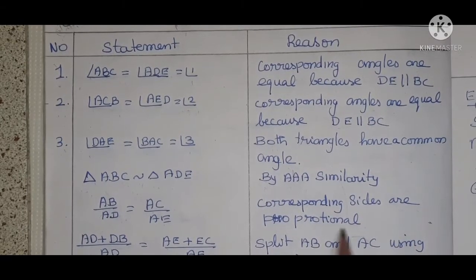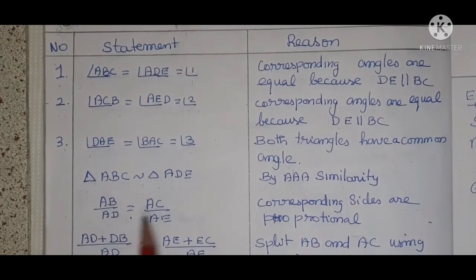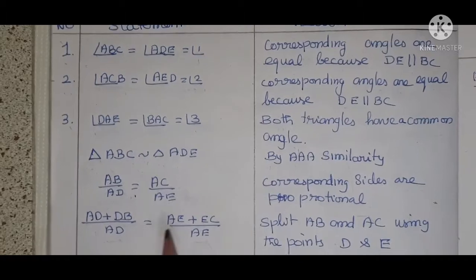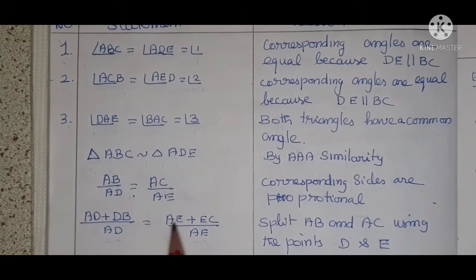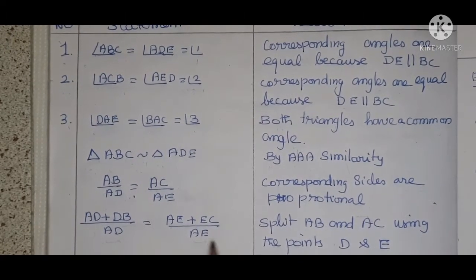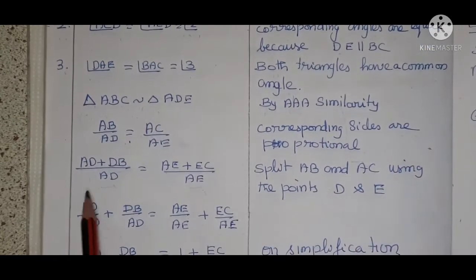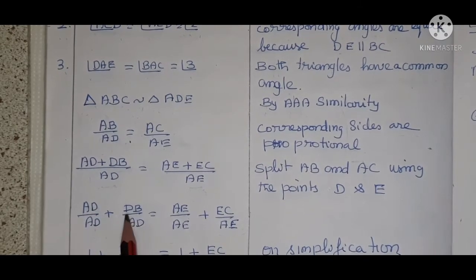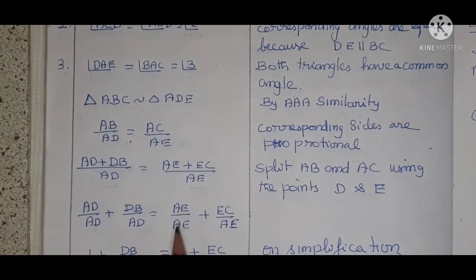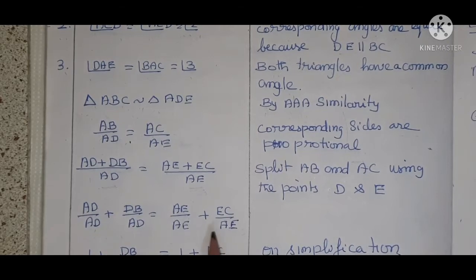Corresponding sides are proportional. Splitting AB and AC using the points D and E, AB is split into AD plus DB, so AD plus DB by AD is equal to AE plus EC by AE. That is, AD by AD plus DB by AD is equal to AE by AE plus EC by AE.